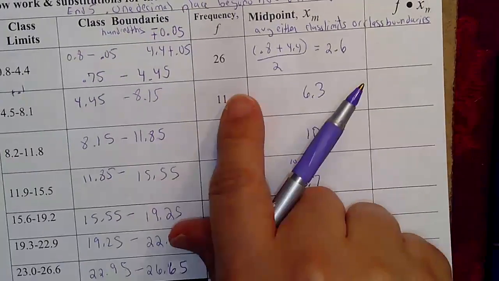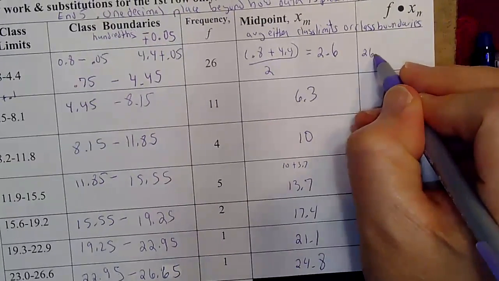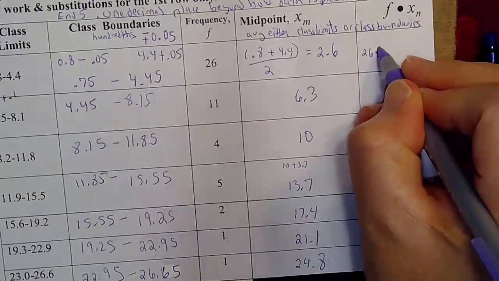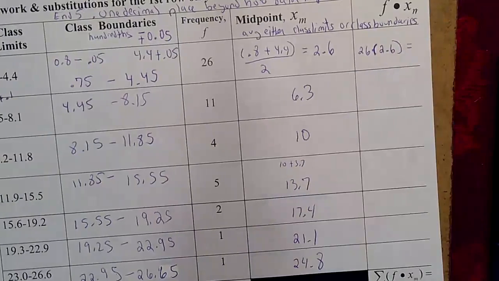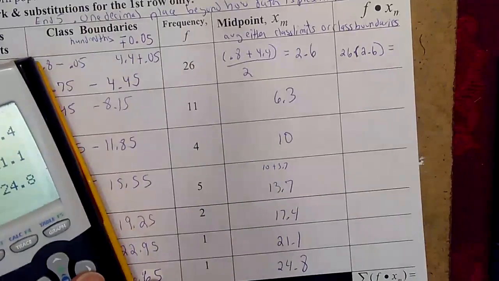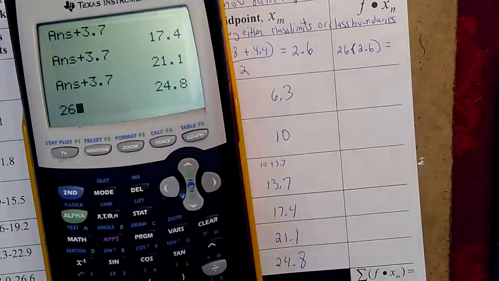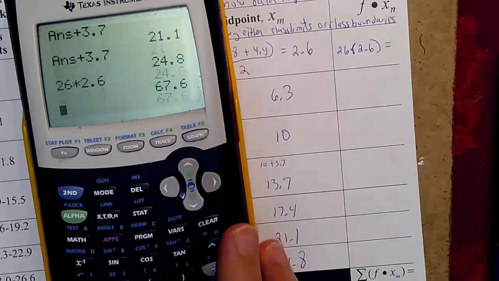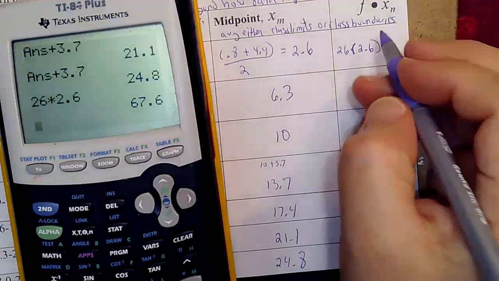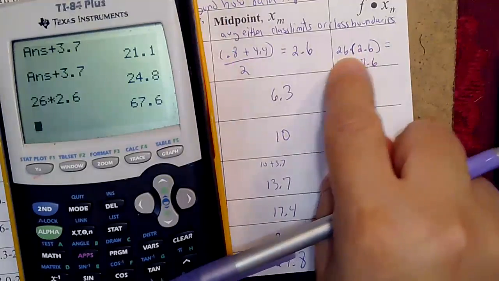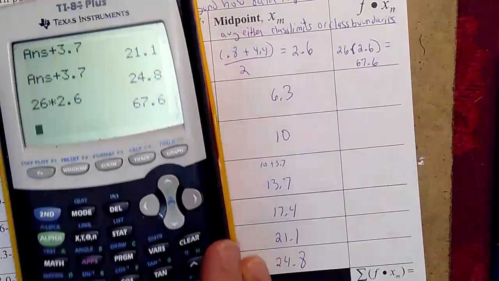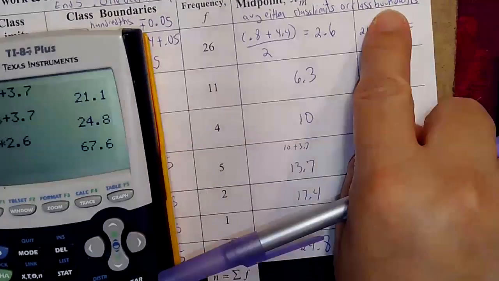So 26 times 2.6. 26 times 2.6 is 67.6. So again, you just show your work for the first one, and then the other ones you're multiplying f times xm.